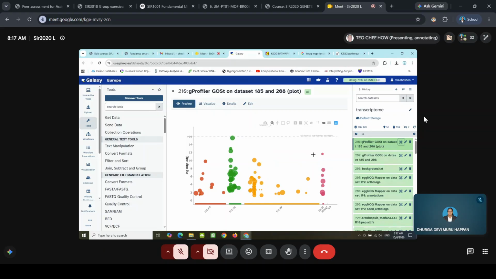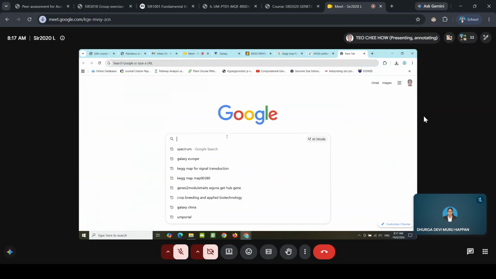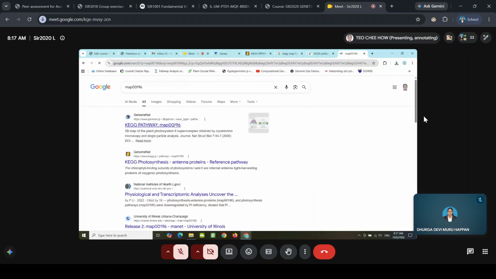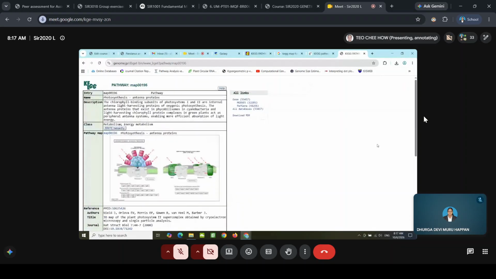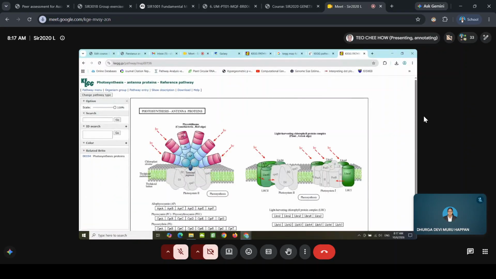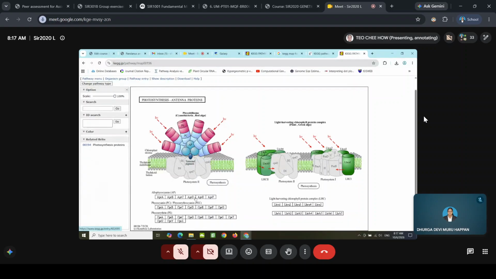So you can actually open up this map. Yeah, so this is the map in the KEGG map, and you see the genes involved here, and also the light harvesting chlorophyll protein complex. So you will see the different expressions.